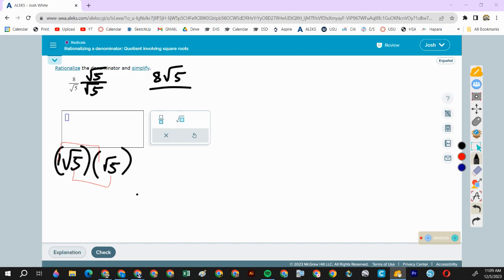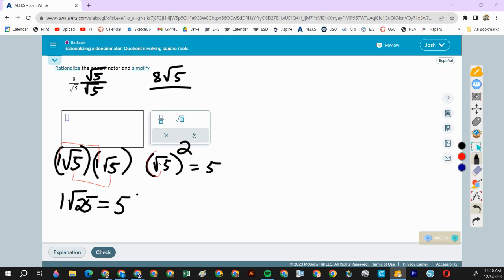The outsides are both 1s, so 1 times 1 is 1, and then insides are both root 5, so I get root 25, and 1 root 25 is just 5. Another way to look at it is the square root of 5 squared. The squared and the square root cancel each other, and I just get 5.